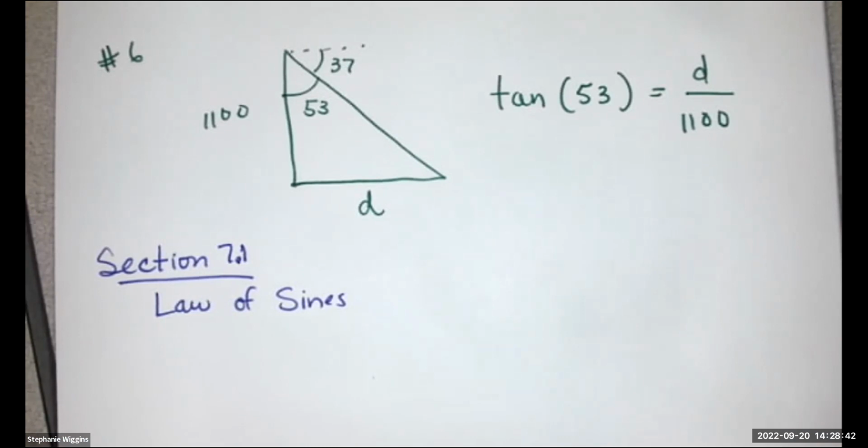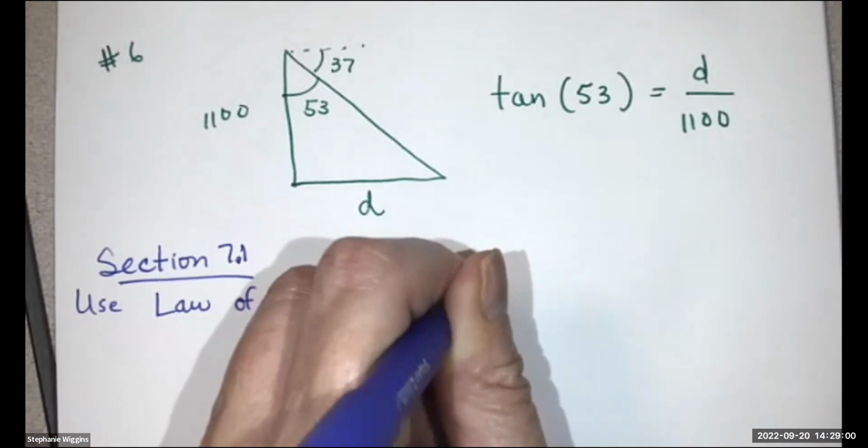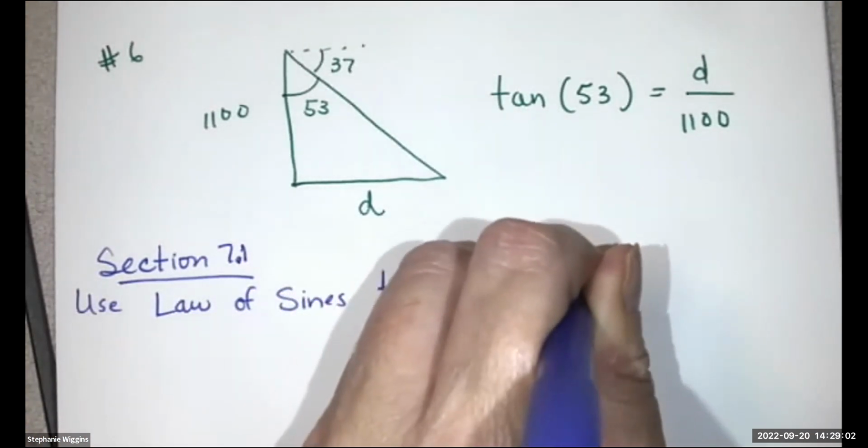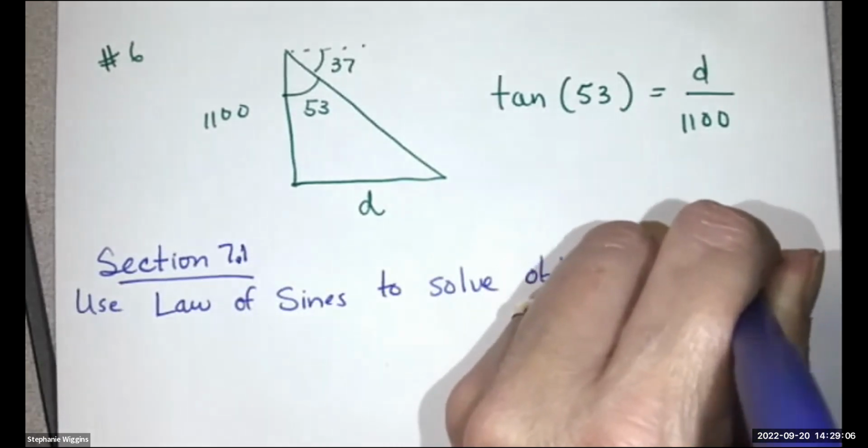And so we use our trig functions to solve them. But not all triangles are right triangles. So we're going to learn now how to solve what we call oblique triangles. So we're going to use the law of sines to solve oblique triangles.